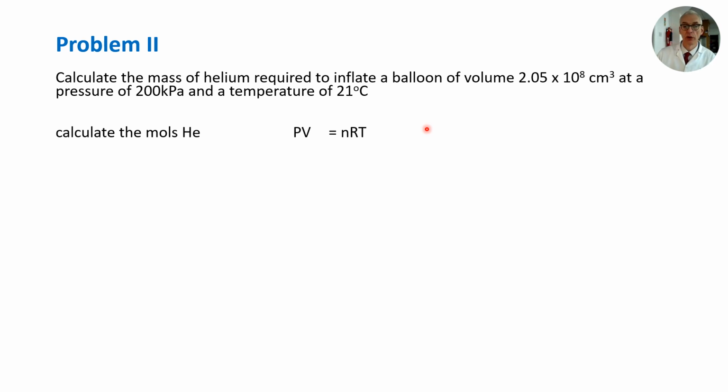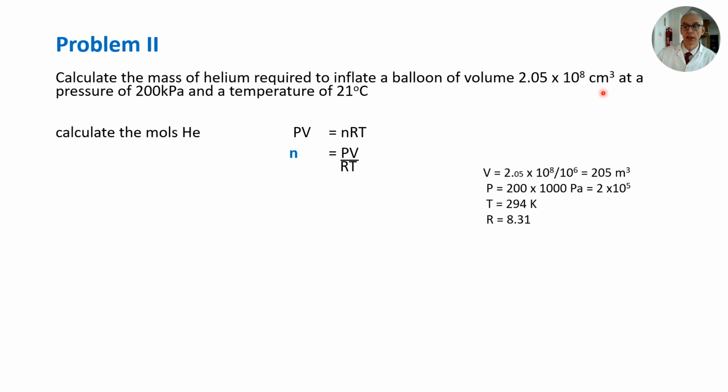Okay, so I'm going to reveal how I did the problem. Rearrange, get the correct units. Volume was in centimeters cubed, so 2.05 times 10 to the 8. I've slightly misprinted the volume. It should be 2.05 times 10 to the 8.